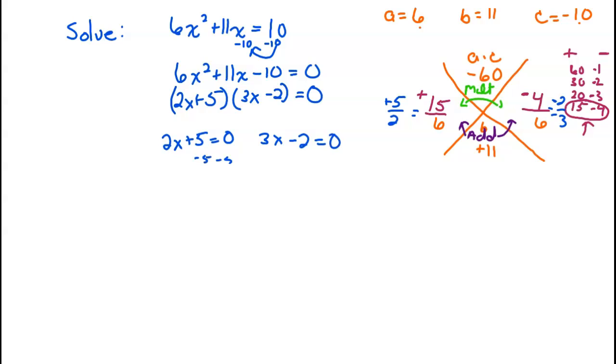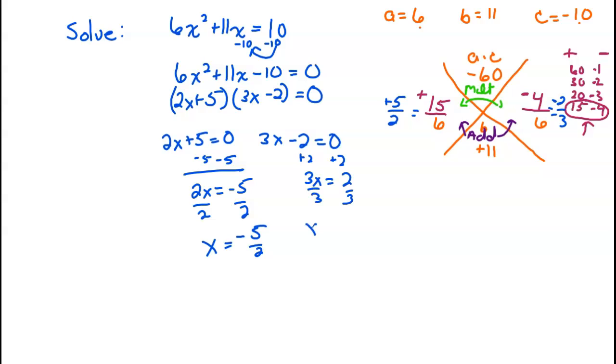So I subtract my 5. I get 2x is equal to a negative 5. I divide by 2. So x is equal to a negative 5 halves. Or add 2. So I get 3x is equal to 2, divide by 3. x is equal to a positive 2/3.